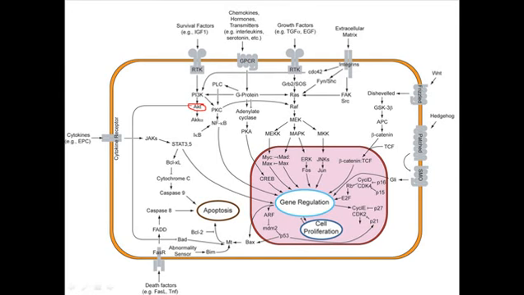So this PI3 kinase pathway is interlinked with the apoptosis pathway, and this cross-talking between the different pathways finally makes a cell function the way we understand nowadays, like a really complex system.